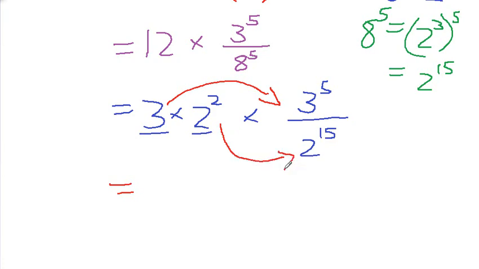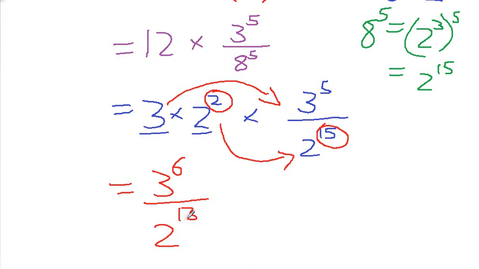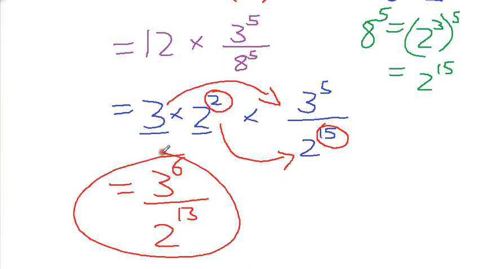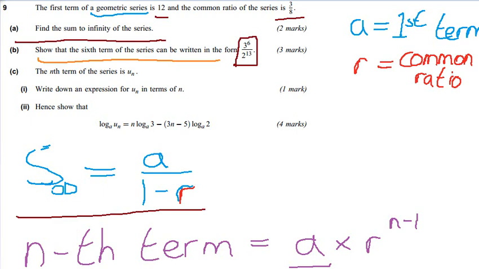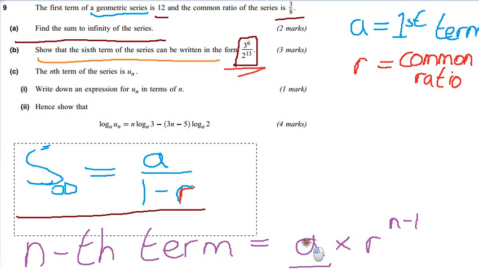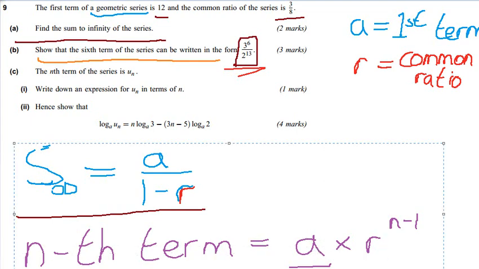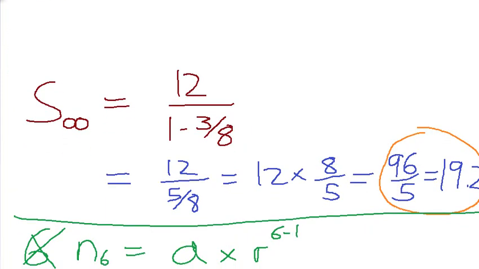So 3 to the 5 plus another 3, so we're going to get 3 to the 6 on the top, over 2 to the power of 2 on the top and 15 on the bottom. So what we're going to get is 15 minus 2, we're going to get 2 to the 13. And just like magic, we have got what we were aiming for. Excellent. So let's make some space, I think, and then get ourselves stuck into question C.